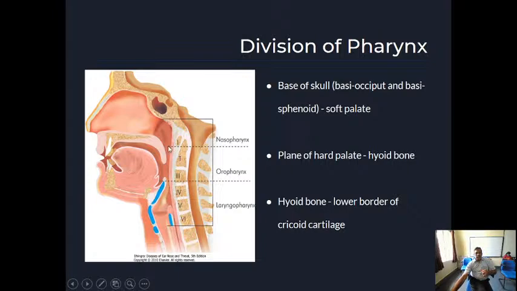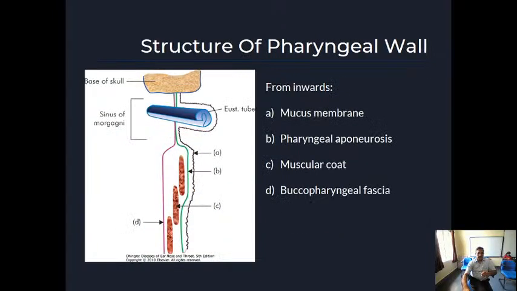Now we will try to slowly understand how this is structurally made. As I said, it's a conical tube which is open anteriorly. Anteriorly, you have the nasal cavity, oral cavity, and the larynx. Laterally and posteriorly, it is a muscular tube.